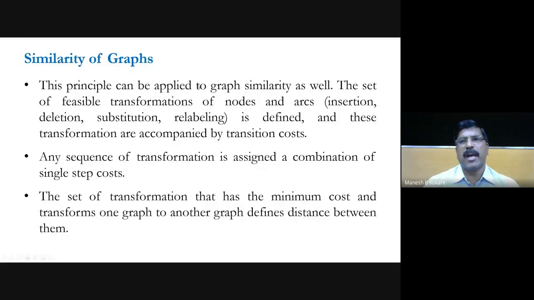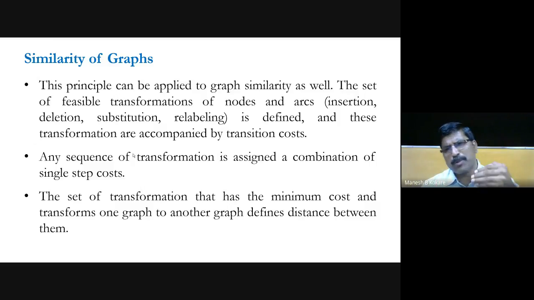So this principle can be applied to find the graph similarity as well. The set of feasible transformations of nodes and arcs, that is insertion, substitution, relabeling, is defined, and these transformations are accompanied by a transition cost. Any sequence of transformations is assigned a combination of single-step costs. That means if I delete one symbol, I consider that as one unit cost, or if I insert one symbol, I consider it as one unit cost, and so on.